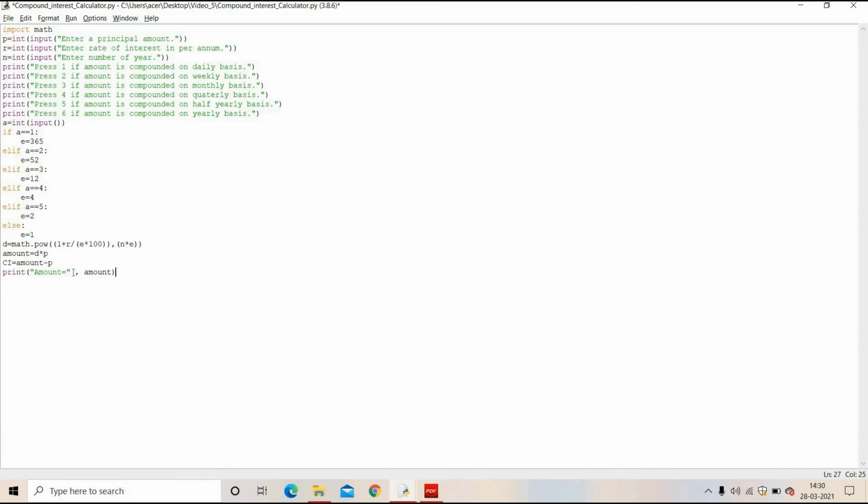This statement will print this argument followed by amount which we will get from this equation.